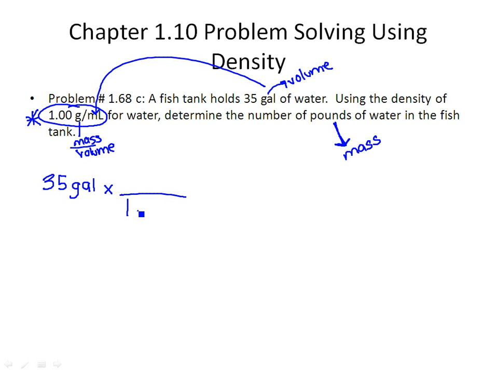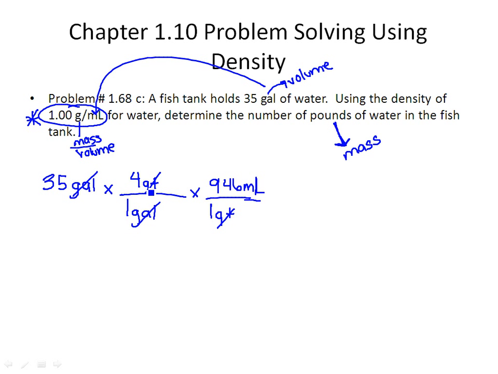So in 1 gallon, we have 4 quarts. You can use your conversion factor list to see this. And then in 1 quart, there are 946 milliliters. So perfect, we're not done, we're about halfway there, but we've gotten from gallons to milliliters, because that's our units for density.